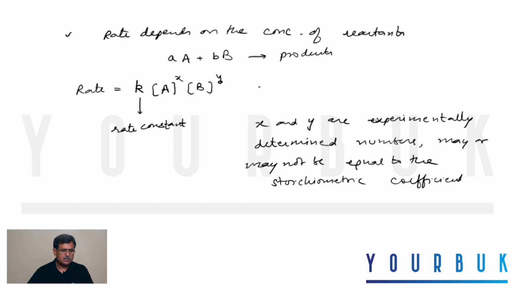Now, this is called the rate law. This is called the rate expression. So, the rate expression relates the rate with the concentration of the reactants and the rate constant.